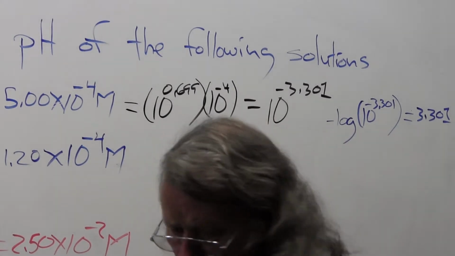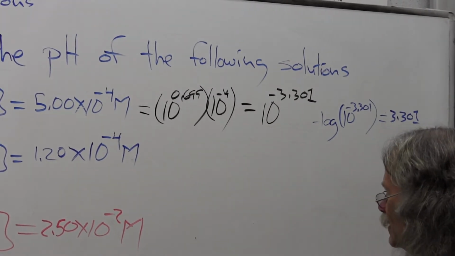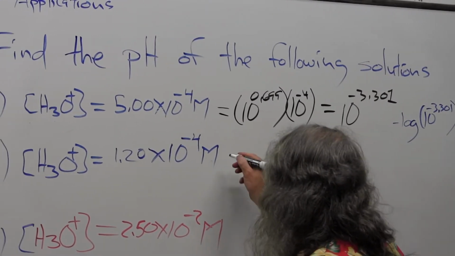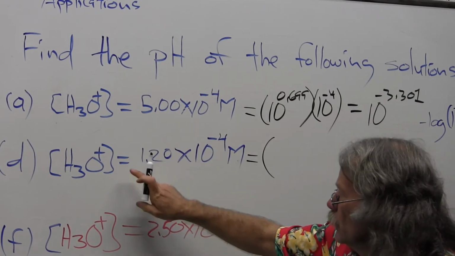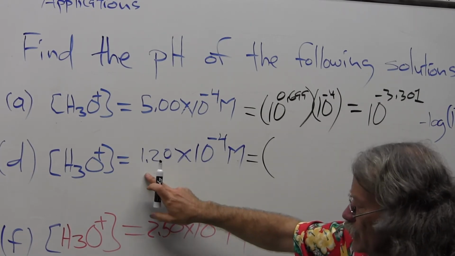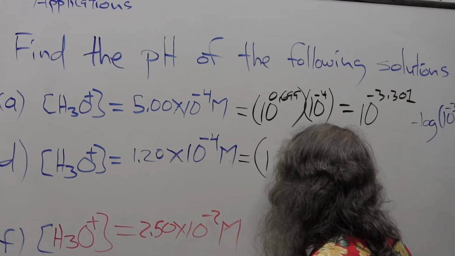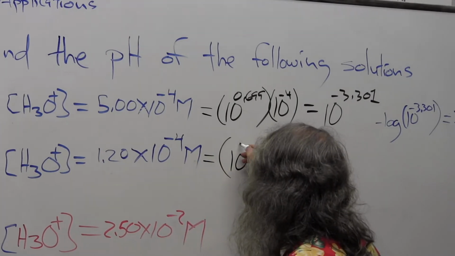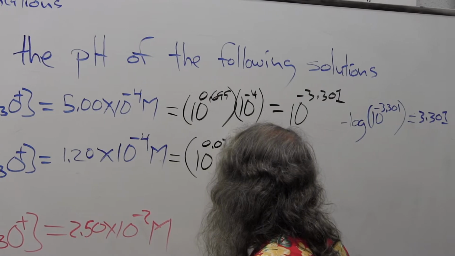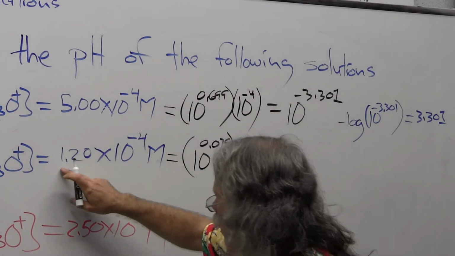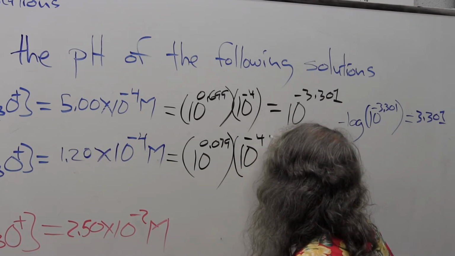And so now with number D, which is 1.2 times 10 to the minus 4th, that's going to be equal to, if you recall, 1.2 is 3 times 4 times 10 to the minus 1, and the log of that is 0.079. So 0.079 is the log of 1.2 times 10 to the minus 4th.